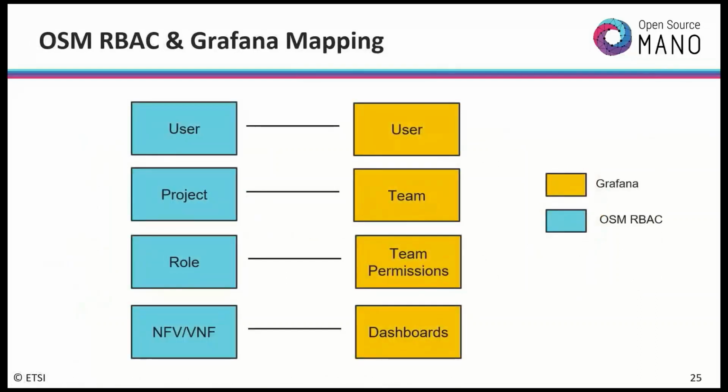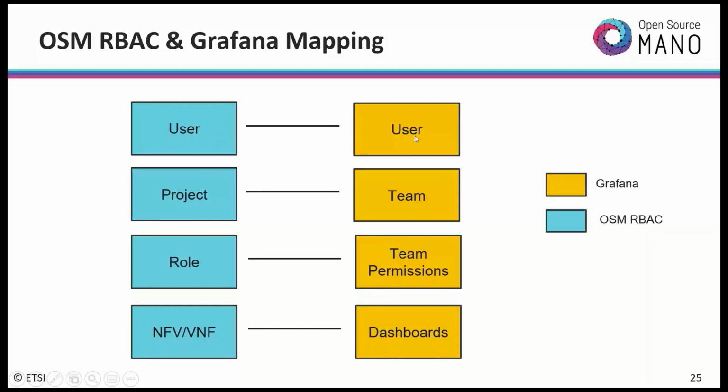So how is it done? When we designed this feature, there is no direct one-to-one mapping. In OSM RBAC, there is a concept of user, and users are connected to projects. Projects have roles, and then there are the NFV, the network service, and the VNF, which have dashboards.